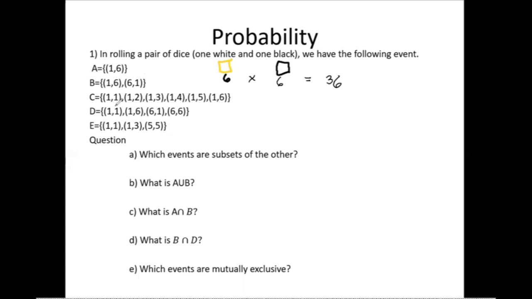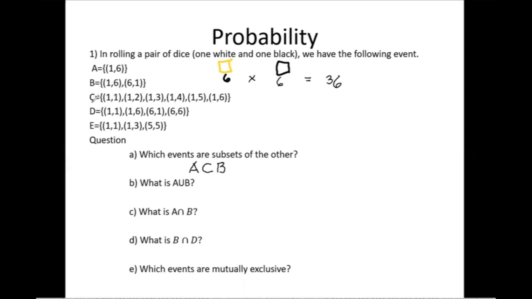Ano yung dito sa ating mga events? Ano yung subset ng other? So, pwedeng ang makita natin yung A and B, di ba? Kasi yung A ay pwede natin makita sa set B. So, isang example na yan. So, pwede natin ilagay yung A is a subset of B. Ano pa?